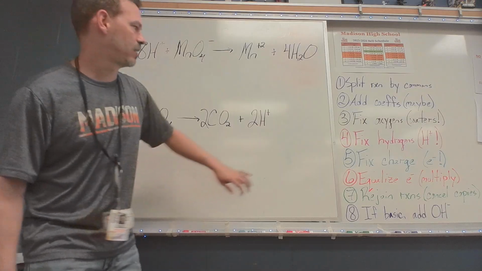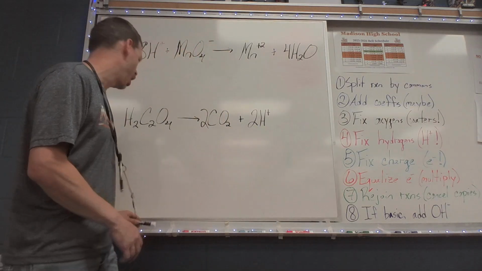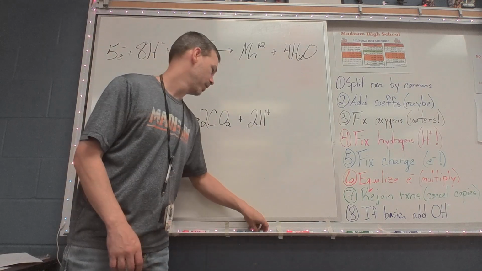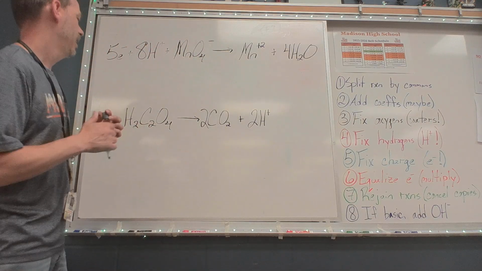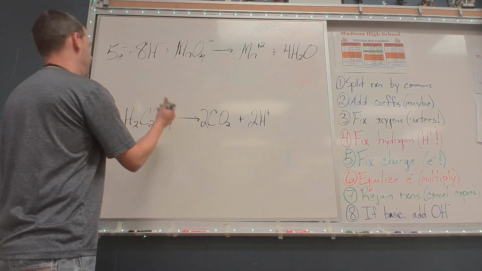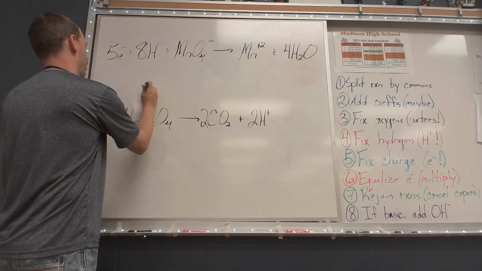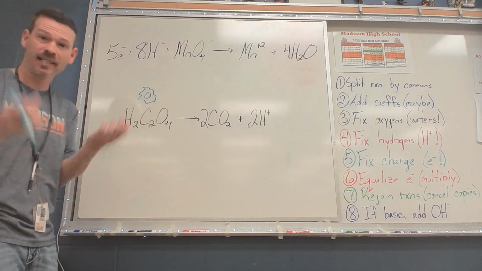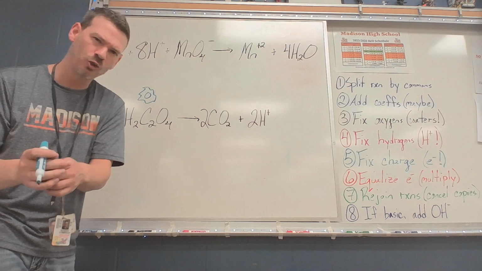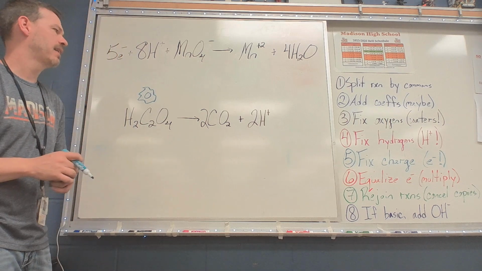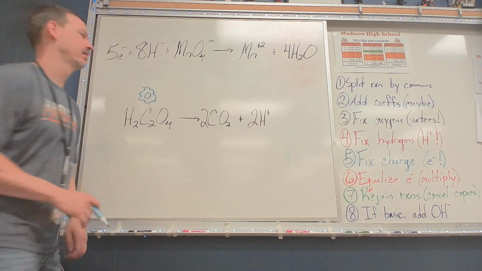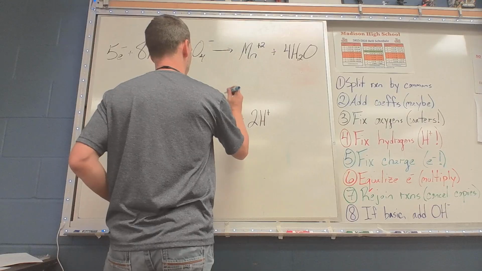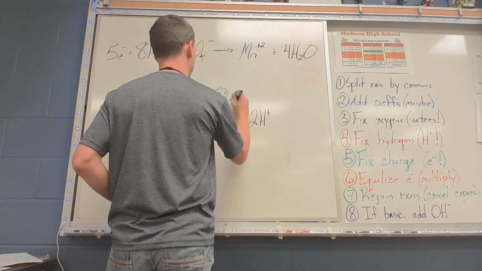Ions don't follow diatomic rules. All right, step 5, fix the charge. Let's see if we're good at this. Somebody yell out, what's the charge to the left? It's 0. All right, the charges aren't hiding from you. If there's not a plus or minus being drawn, then it's neutral. Hey, class, what's the total charge of the product side? +2. Now, careful, some of y'all are just going too quickly.